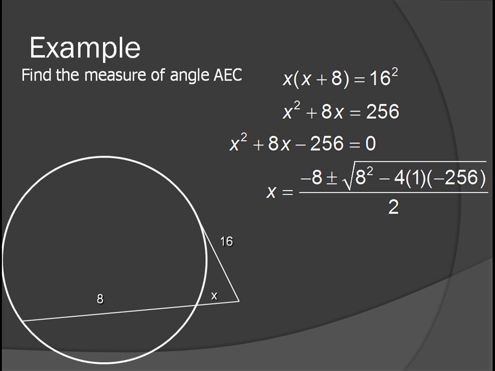In this case, our b is 8, so this becomes negative 8, 8 squared. Our a is 1. Our c is negative 256. And down here, because a is 1, this is just 2. Put all this together and we get 1088.